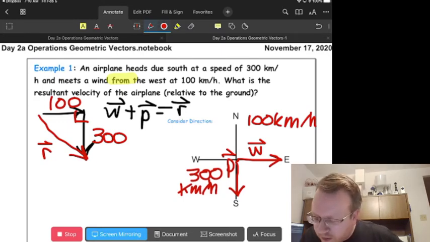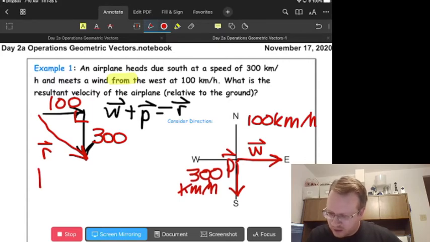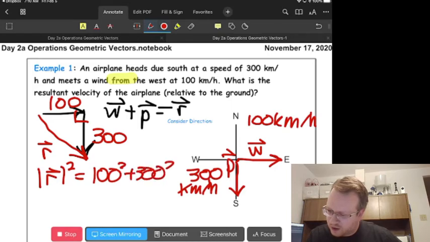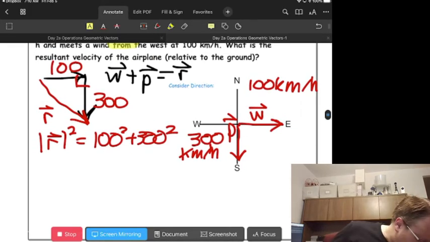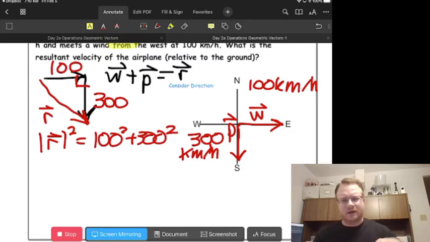C squared equals a squared plus b squared, or in our case, the magnitude of r squared is a squared plus b squared, so 100 squared plus 300 squared. And that'll give us, because I don't really need a calculator for this, just have it.